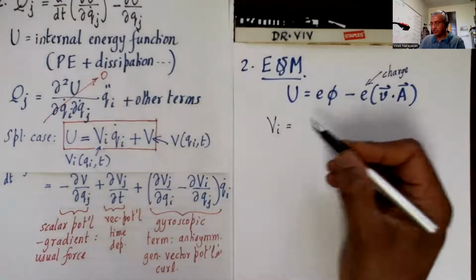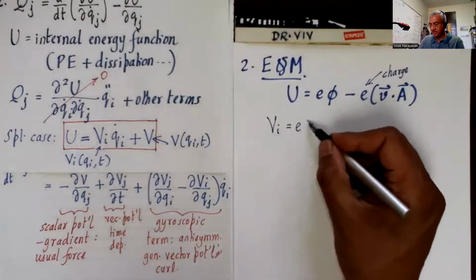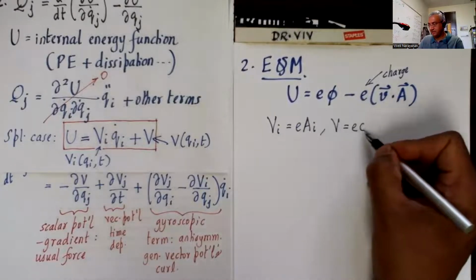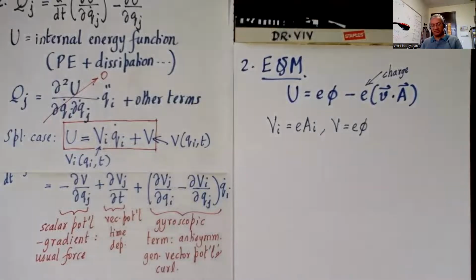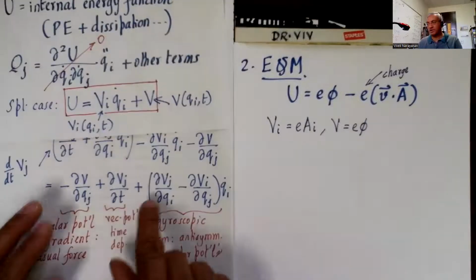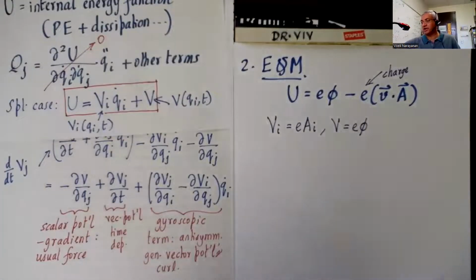V sub I is going to be E times A I, and V is going to be E times phi. So that's really great. Now all we have to do is substitute it into this term here to find the generalized force. So that's our next aim.